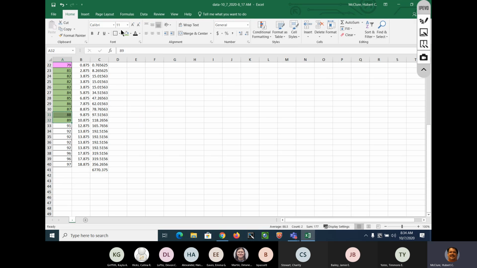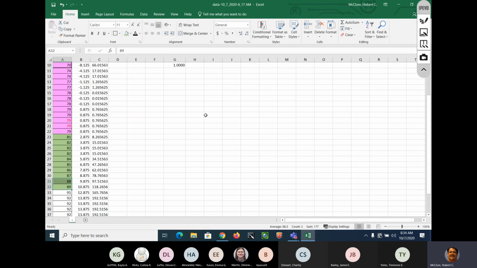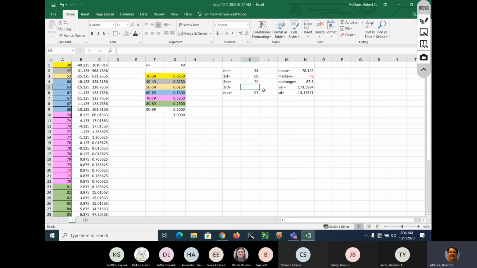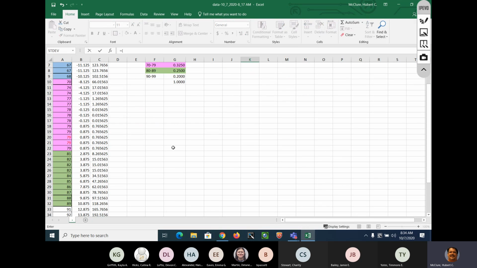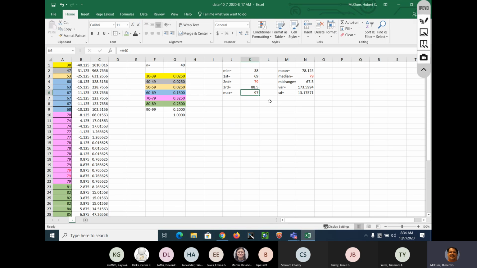These two numbers right here, which would be 88, 89, equals, parentheses, 88 plus 89, close parentheses, divided by 2. So, and your interquartile range is equal to the third minus the what? I'm sorry, hold on. The interquartile range is the third minus the what? The first.